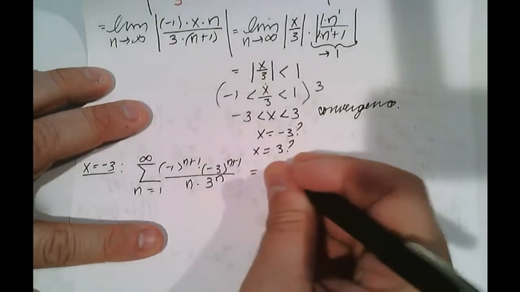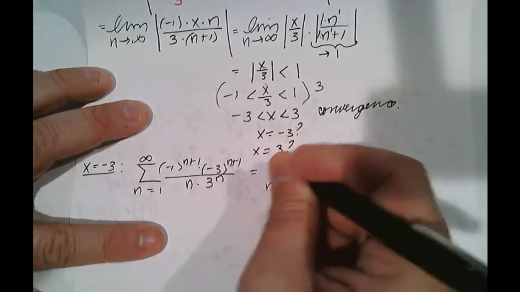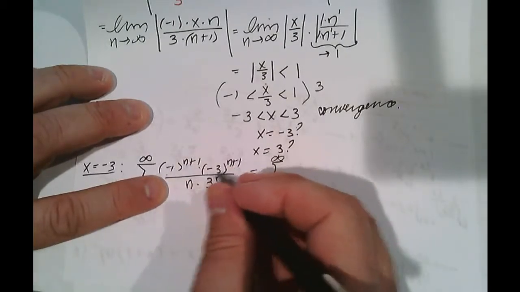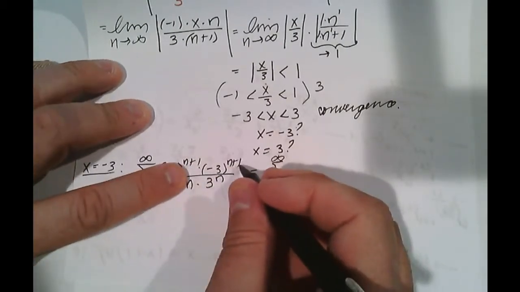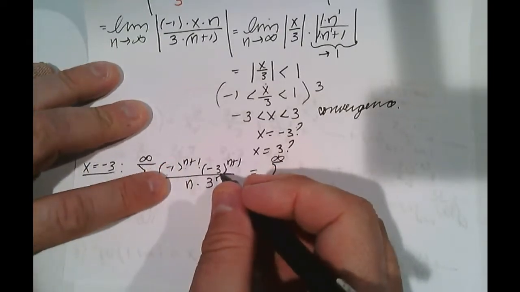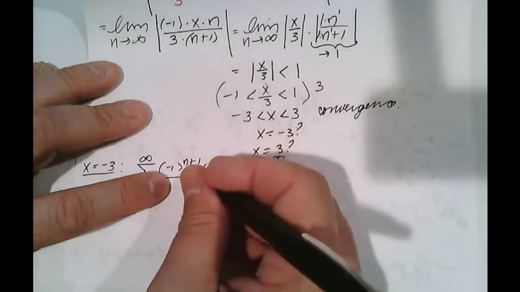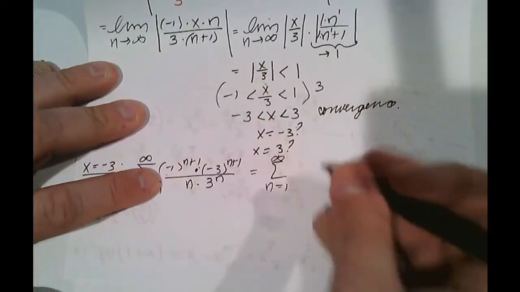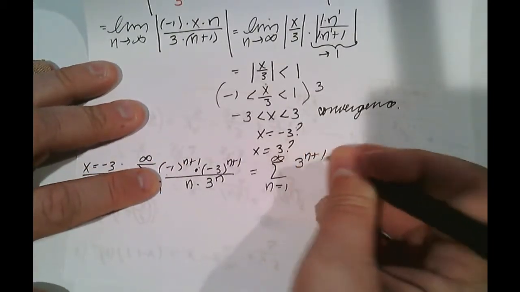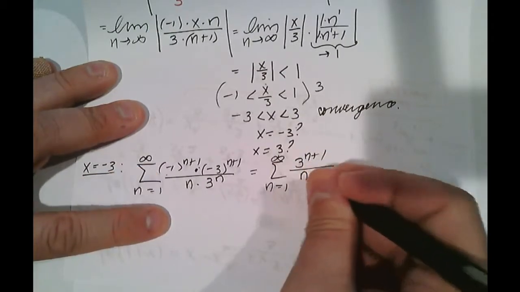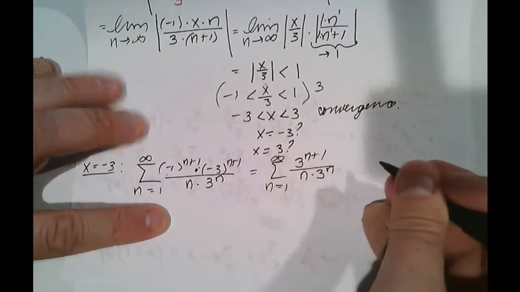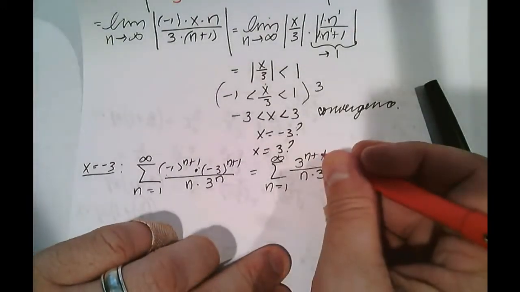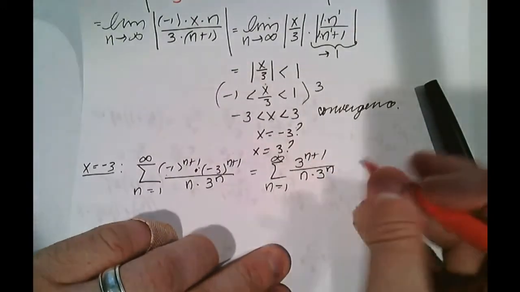Well, what happens here? Let's clean it up a little bit on the inside. -1 to the n plus 1 times -3 to the n plus 1. The exponents are the same, the bases are different, but I'm multiplying. Because the exponents are the same, we multiply the bases and we get 3 to the n plus 1 over n times 3 to the n. 3 to the n plus 1 in the numerator, 3 to the n in the denominator.